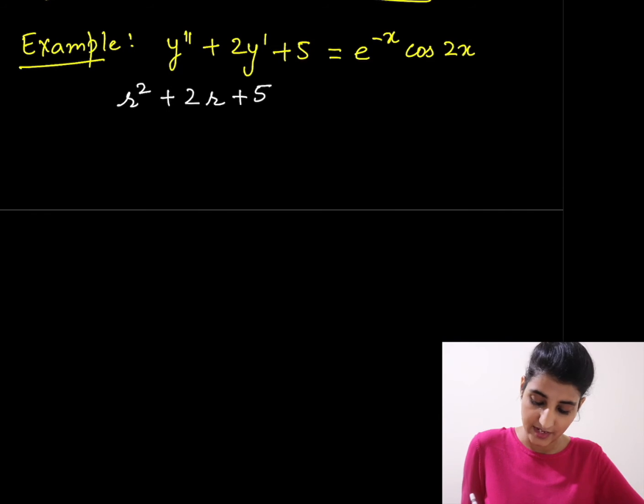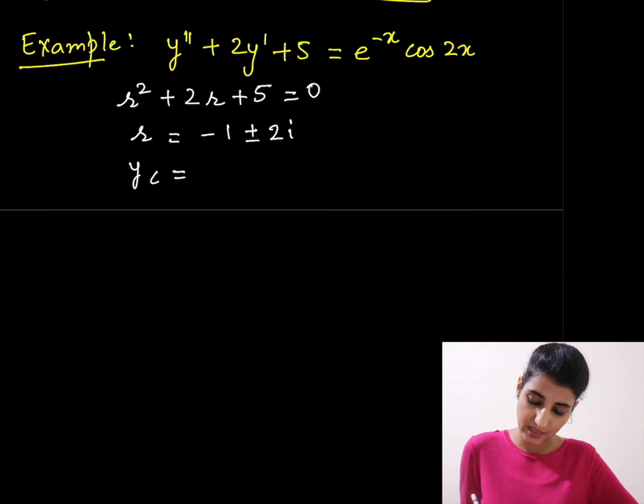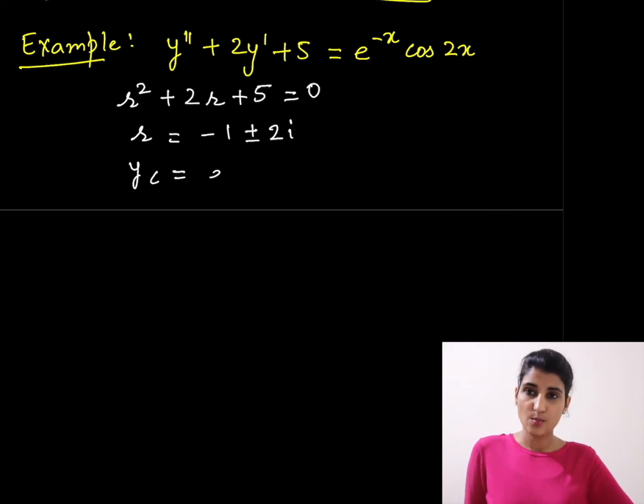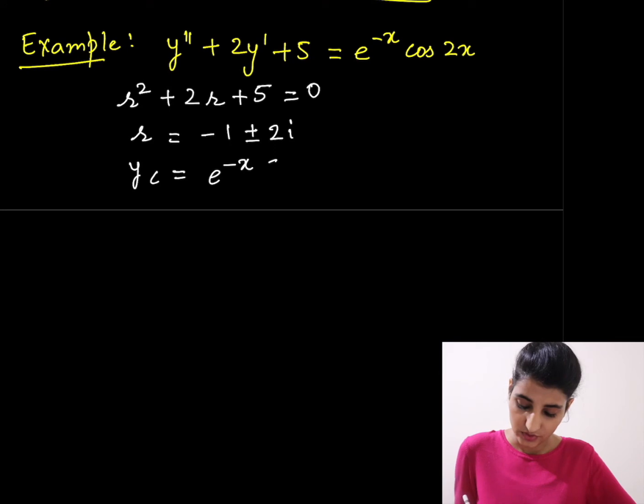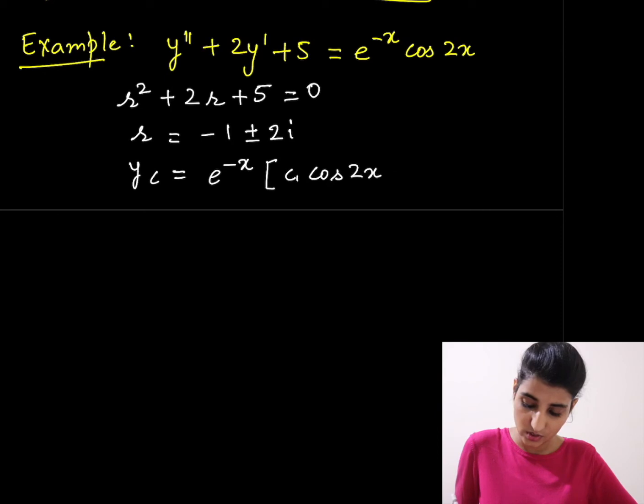This is our characteristic equation for the associated homogeneous equation, and the roots are -1 plus minus 2i. If the roots are complex, we write down the yc as c1 times cosine 2x plus c2 times sine 2x.